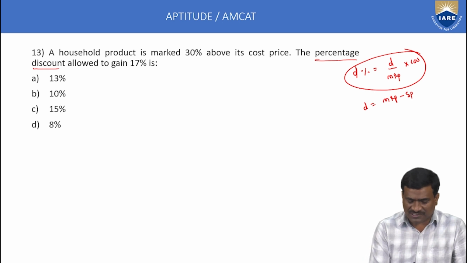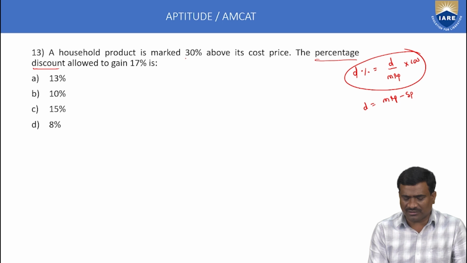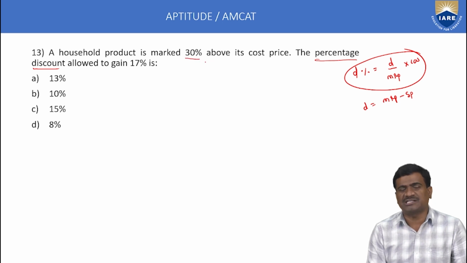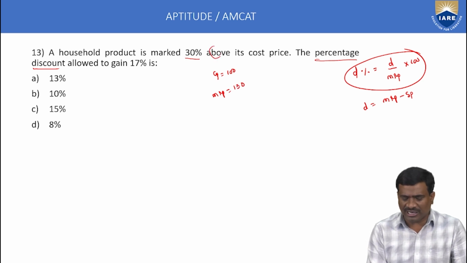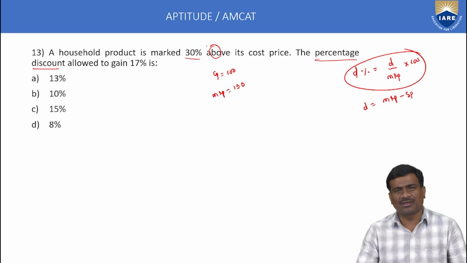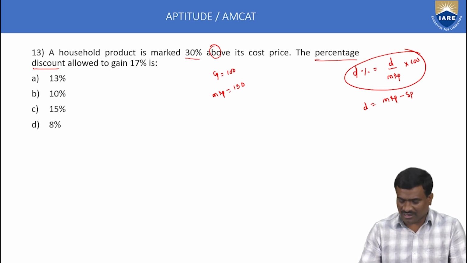Next, the first statement: a household product is marked 30% above its cost price. Suppose we let cost price be equal to 100, then MRP is equal to 130. Above indicates the plus operator, below indicates the minus operator. Next, calculate the selling price.